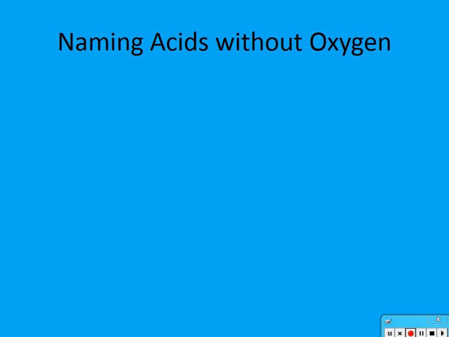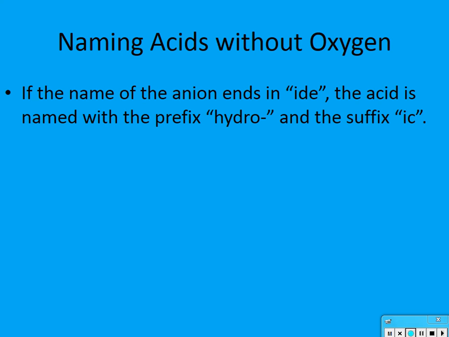Okay, now one last thing about naming covalent compounds and naming in general. Let's go over naming acids without oxygen. If the name of the anion ends in "ide," the acid is named with the prefix hydro and the suffix "ic." Examples. HF, what's its name?